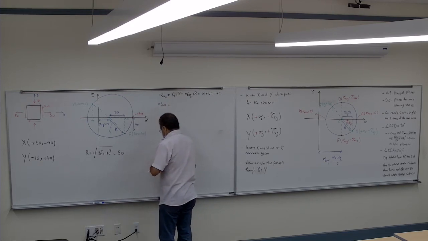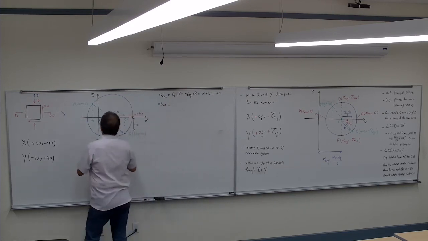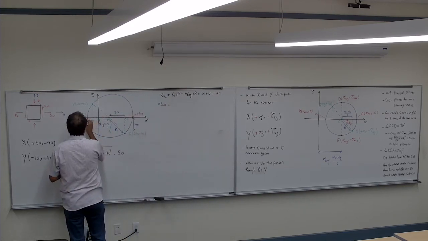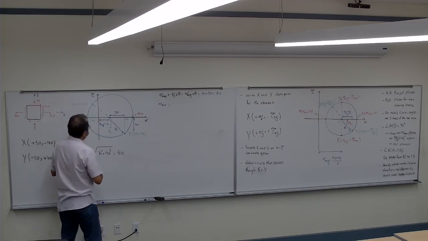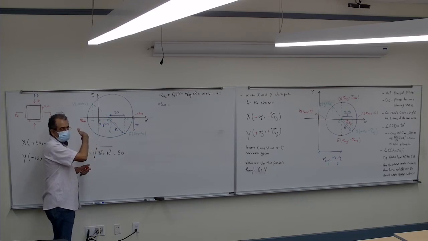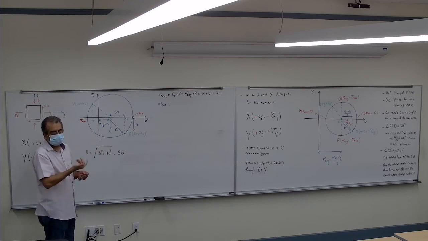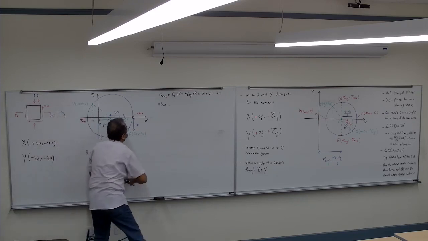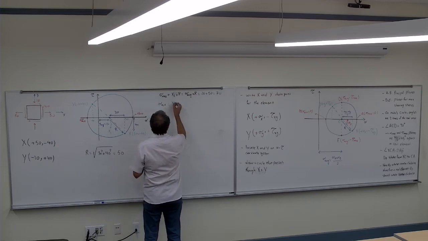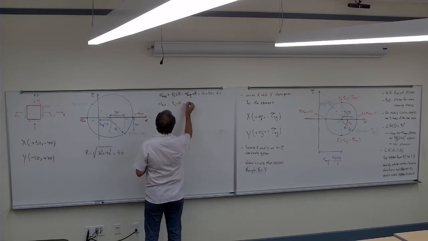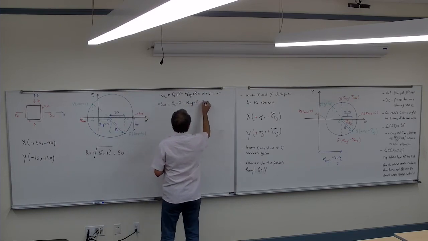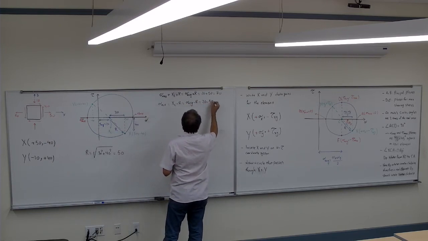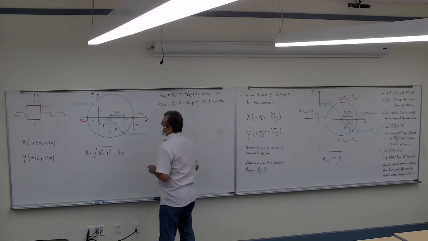Sigma min, how much is the sigma min? The sigma min is sitting here. It's xc minus R, or sigma average minus R, which is going to be 20 minus 50, negative 30.